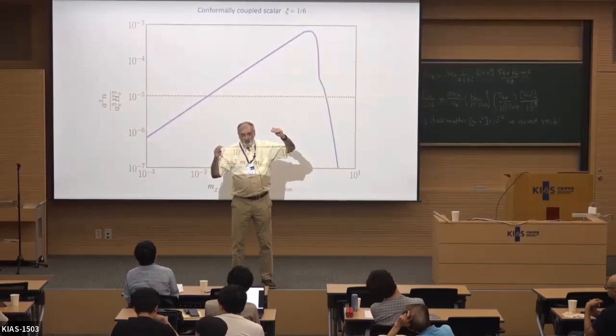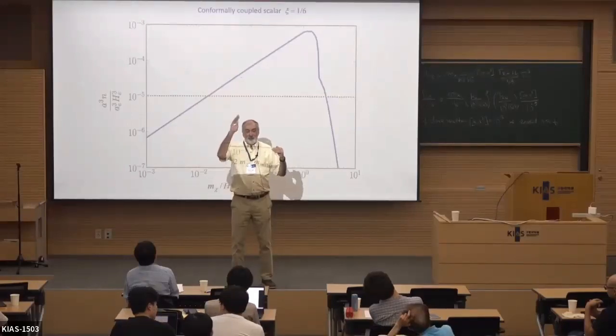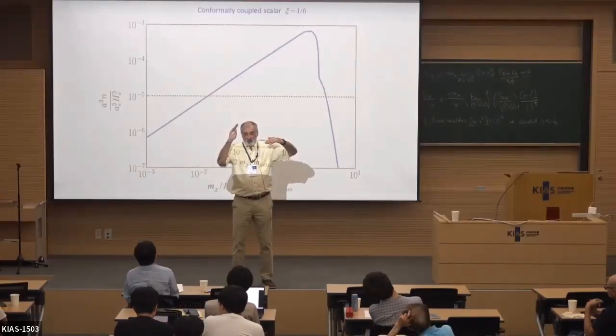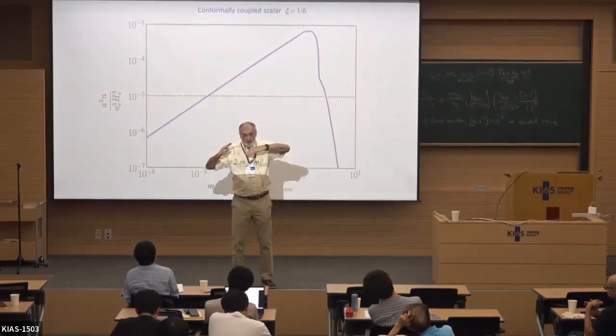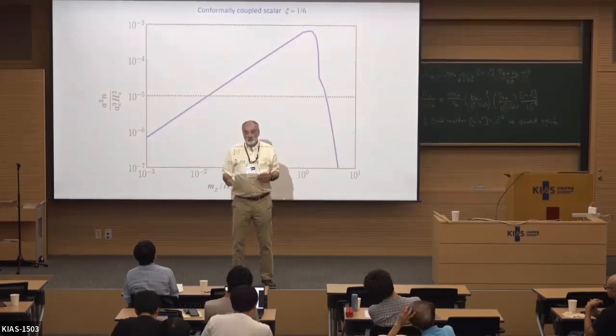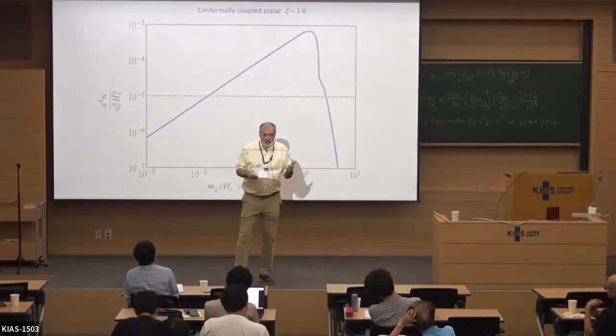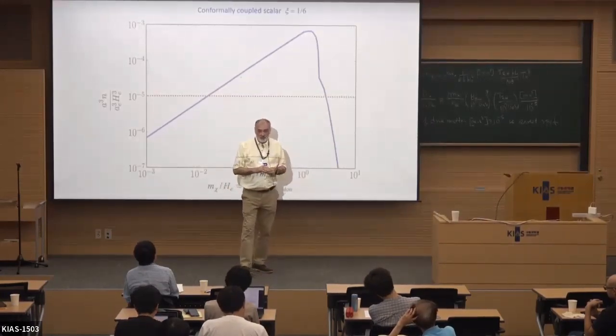And the energy density in the chi is much smaller than the radiation energy density at reheating. But the energy density in the chi goes as a to the minus 3. The radiation energy density goes as a to the minus 4. So the earlier the reheating, the larger this ratio would be. So the longer the universe goes through the matter-dominated phase, the larger omega h squared would be.